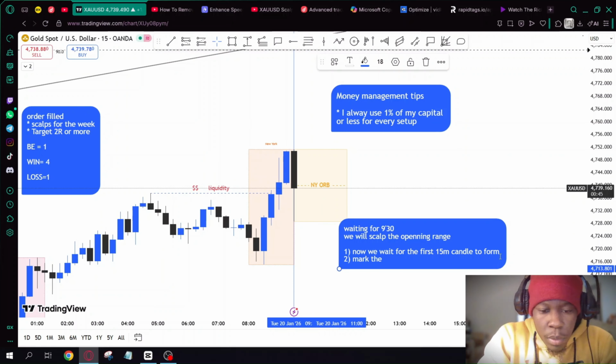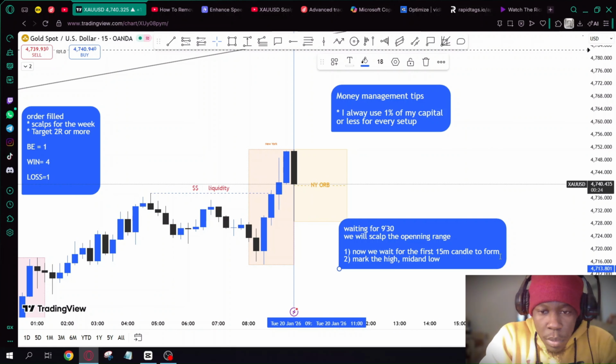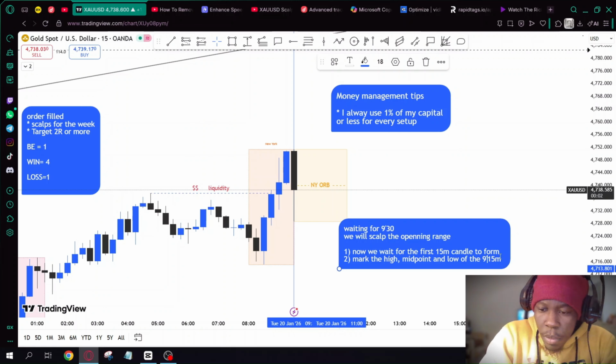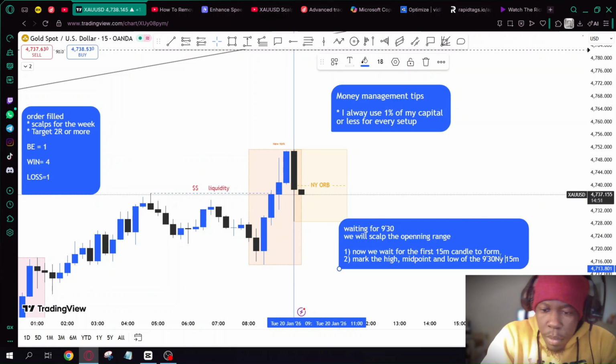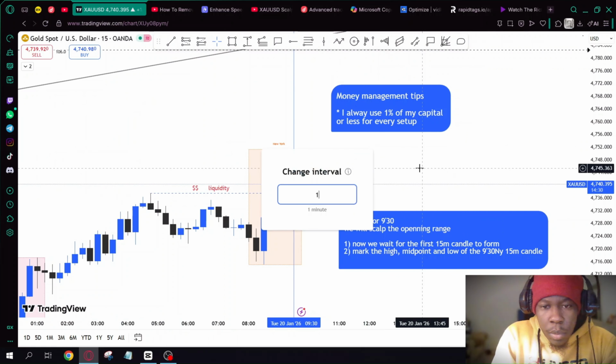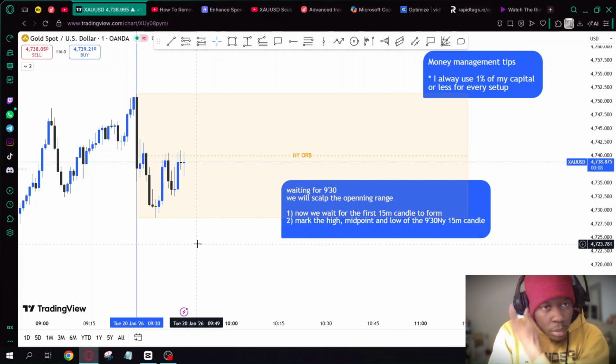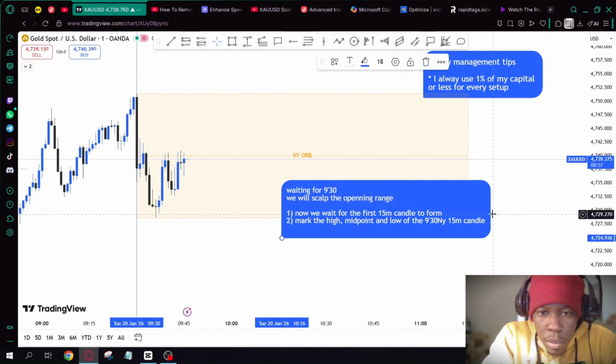So as you can see, I've marked out the high, the low, and the midpoint of my New York opening range, the first 15-minute candle at 9:30 New York. Okay, now we drop down to the 1 minute to scalp it.